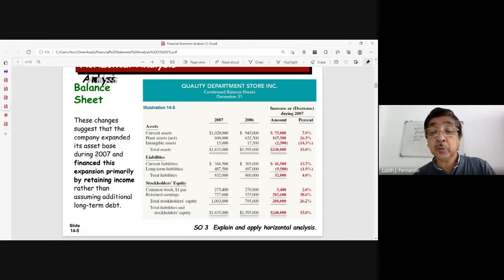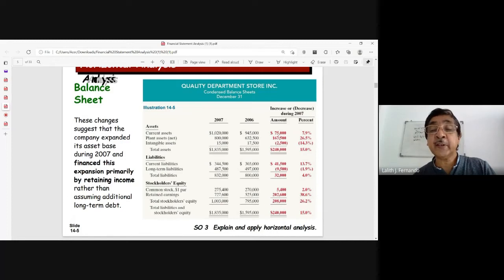Now all these things are given. Now you can see in 2007 the current assets are 1,020,000, whereas in 2006 it's only 945,000.